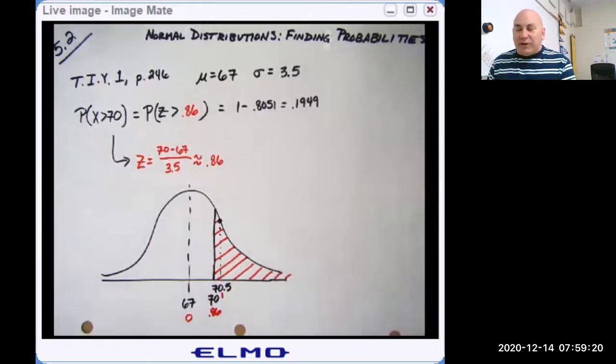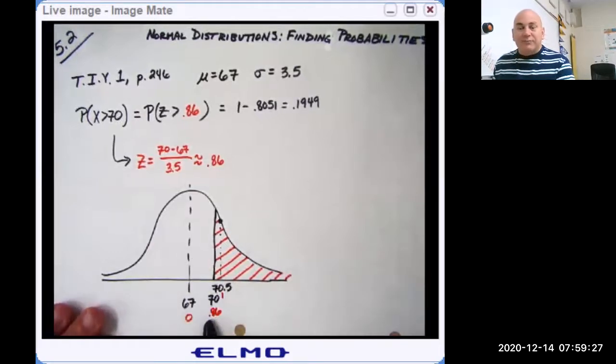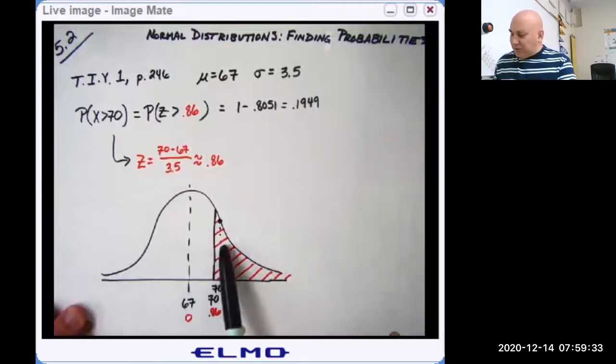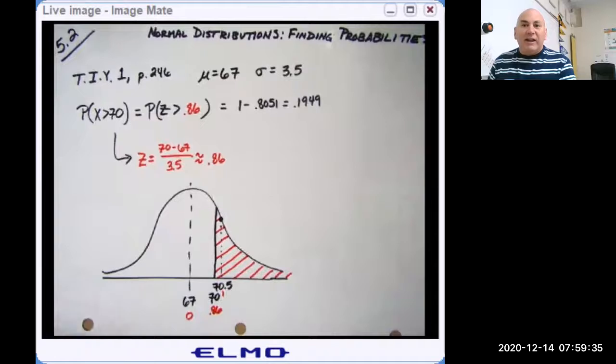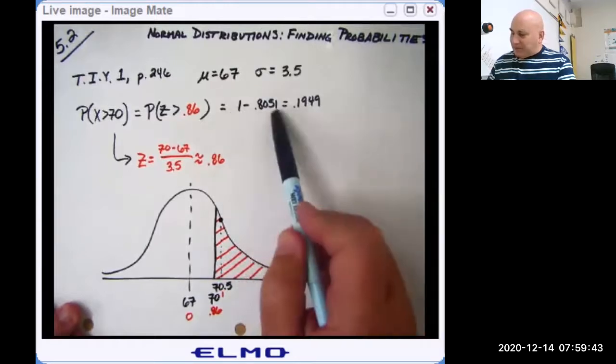Recall that our table gives us values to the left of this number, to the left of 0.86. If we want the area to the right, we know that this area out here plus this area over here equals 1. Density curves have an area under them of 1. So we just do 1 minus, it's a complement.